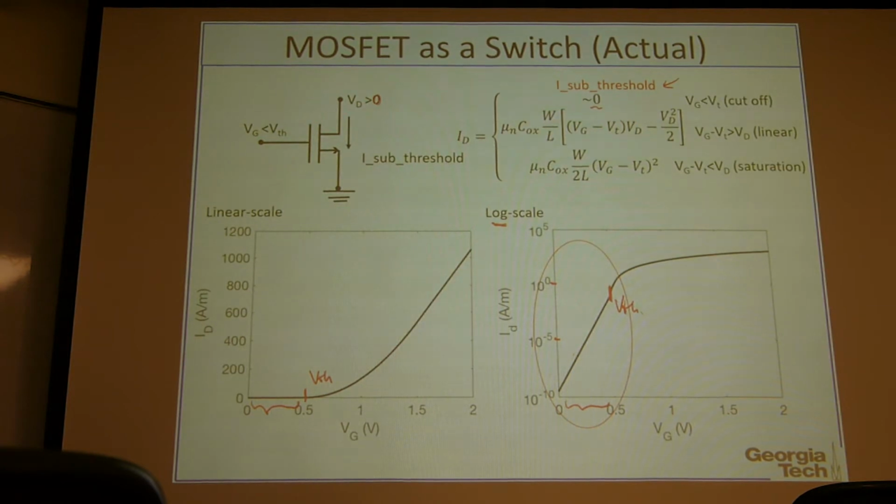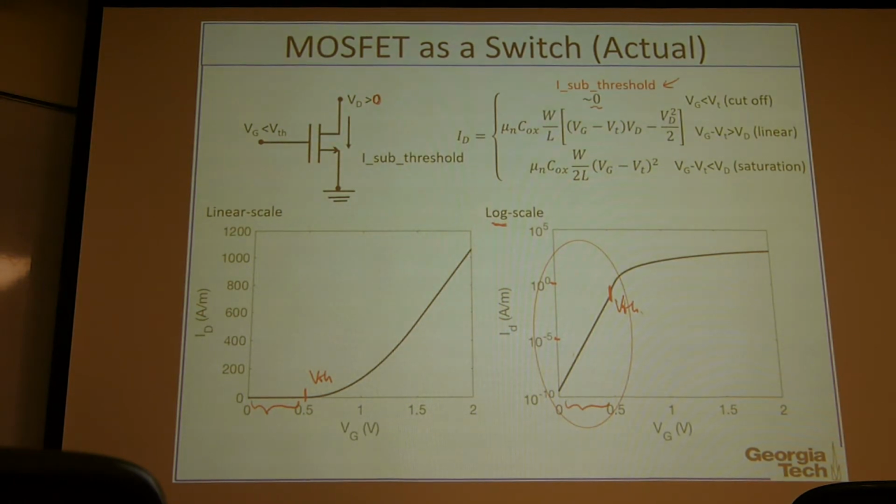If your drain voltage is zero, then of course the current is zero, because the electrons travel from source to drain, or the current comes from the drain to the source.